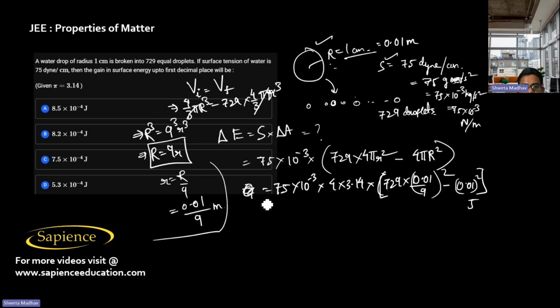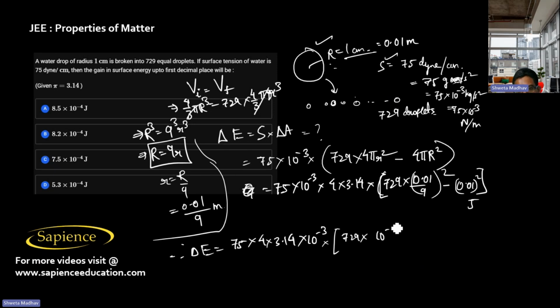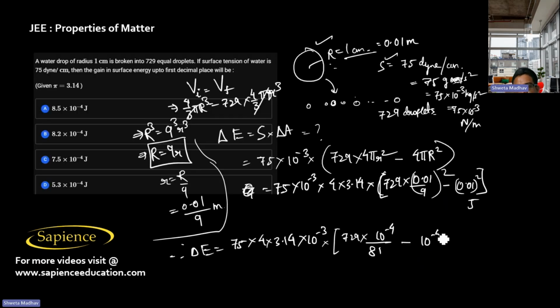So therefore delta E is equal to 75 into 4 into 3.14 into 10 power minus 3 into 729 into 10 power minus 4 divided by 81, minus 10 power minus 4. So 81 into 9 is 729.